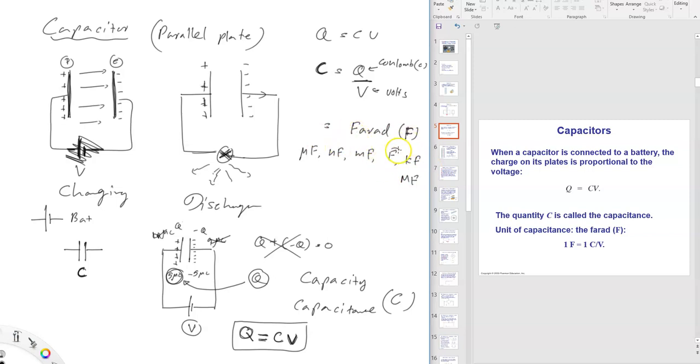Farad itself, 1 farad, comes after the famous scientist Michael Faraday. 1 farad itself is a big amount of capacity, right? So most of the capacitors we deal with will be around micro or nanofarad, right? So 10 to the negative 6 farads is 1 microfarad.